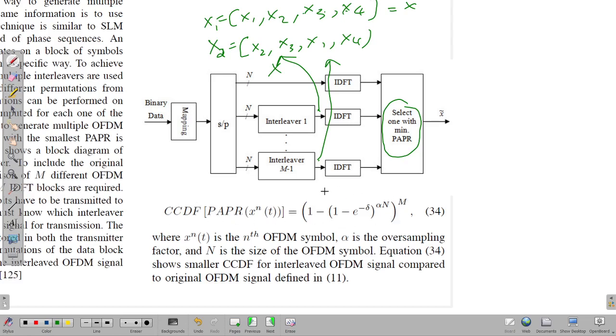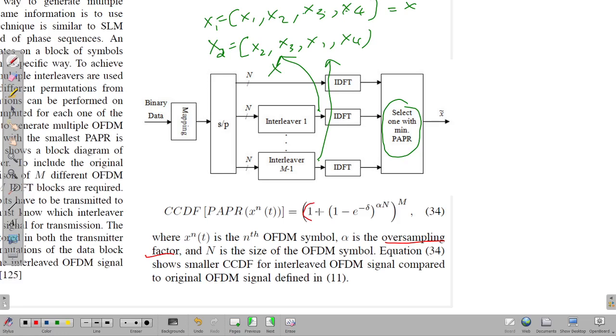Here it is 1 minus e raised to minus del, whole raised to alpha n, where del is a threshold value, some threshold value. Alpha is an oversampling factor. N is the size of the OFDM symbol.